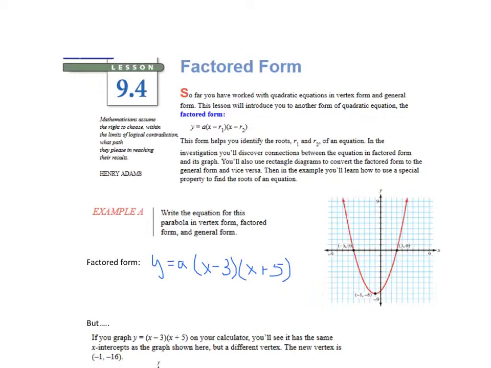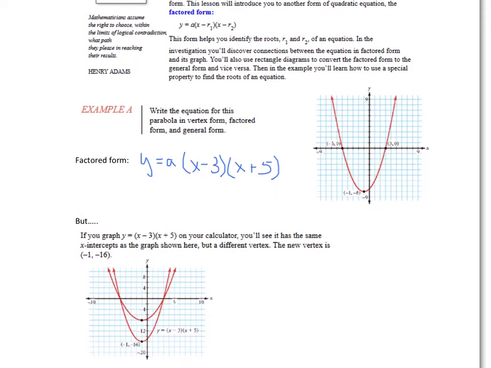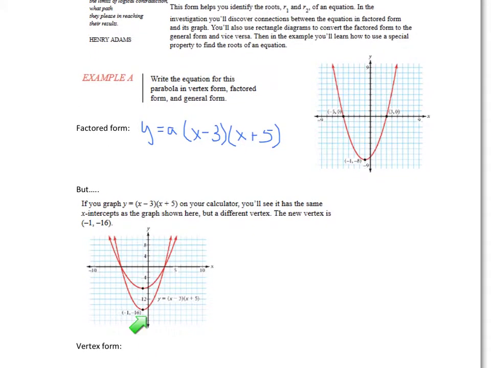But now, to figure out what that a value is going to be, if we look at the graph of y equals x minus 3 times x plus 5, which would be an a value of 1, you would see that we've got a vertex of -16, a y value of -16 at our vertex, where in reality we need to be at -8. So we can calculate what that stretch value is going to be by figuring out what we have to multiply -16 by to get -8.